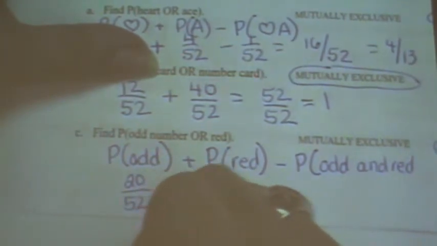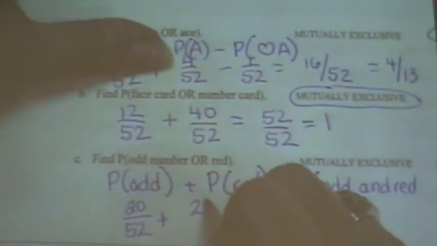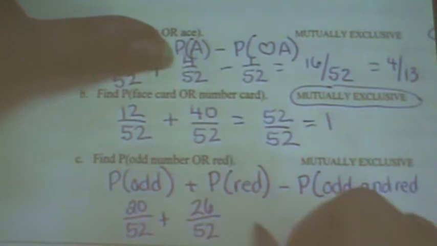How many are red? There's 13 red here and 13 red here, so that's 26. How many are odd and red?